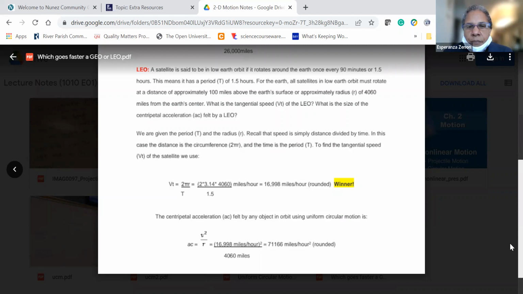But the one that I'm most impressed with, or interested in, if you want to say, is the International Space Station, right? And I'm not sure if all of you know about it, but there's actually a satellite out there. It's called a low Earth orbit satellite, or sometimes you hear it said near Earth orbit satellite.